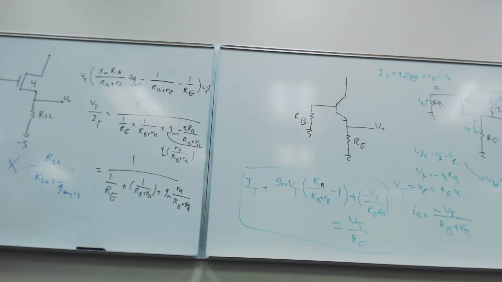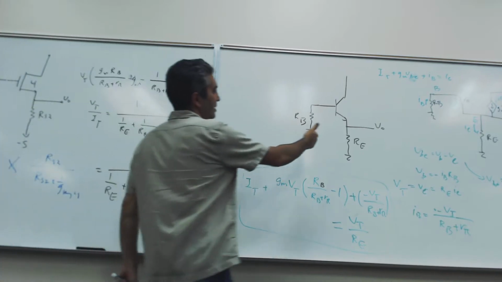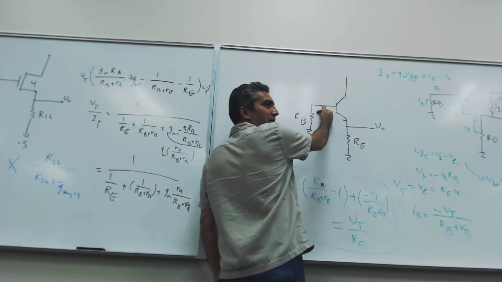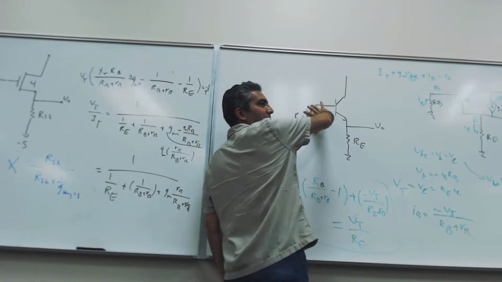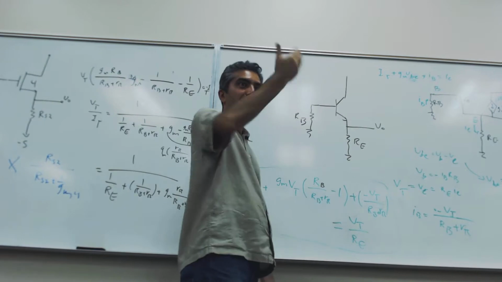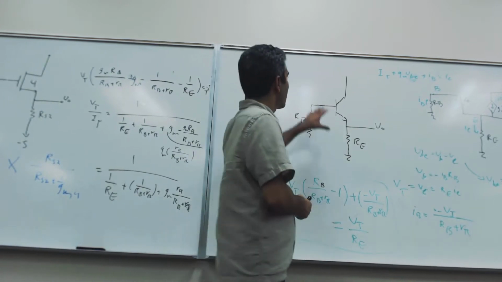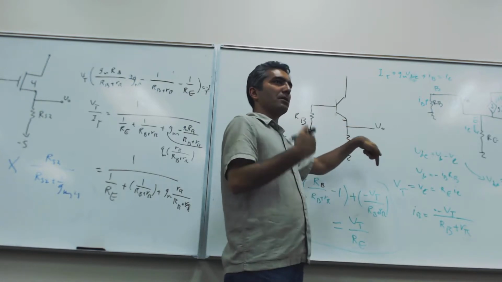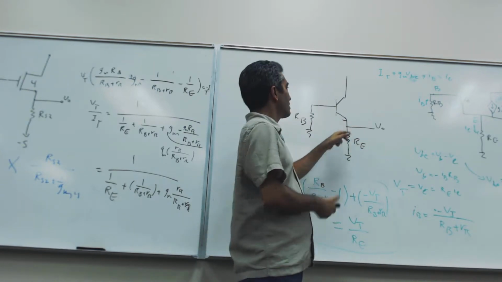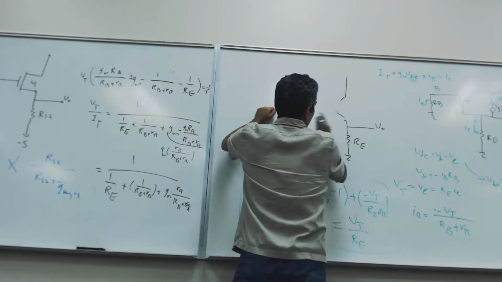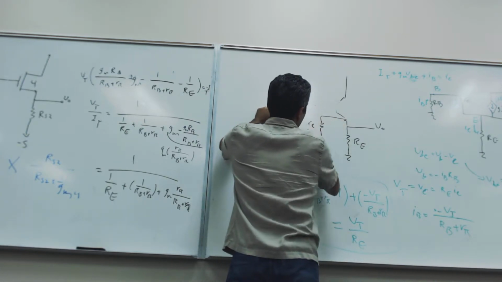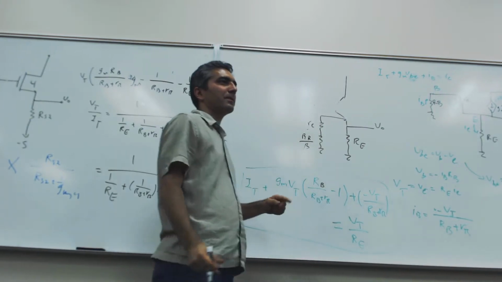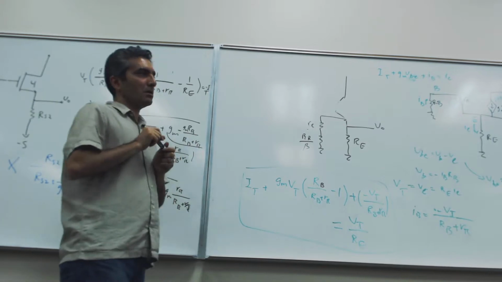So looking back here, there's an R pi and there's an RB. It transfers it here and divides it by beta. So whatever you see in the base gets divided by beta. R pi divided by beta is RE. So instead of this, you can remove that and say, I see here RE plus RB divided by beta, and the two are in parallel to each other.